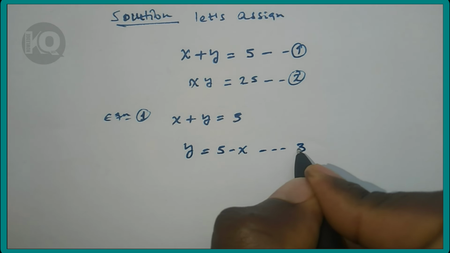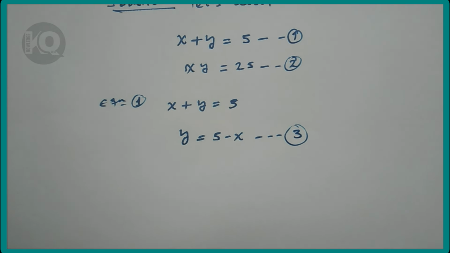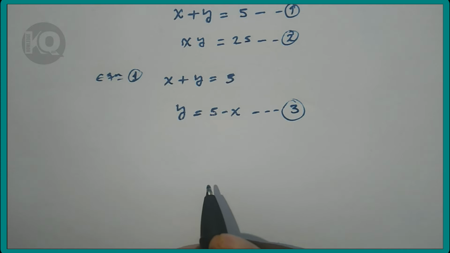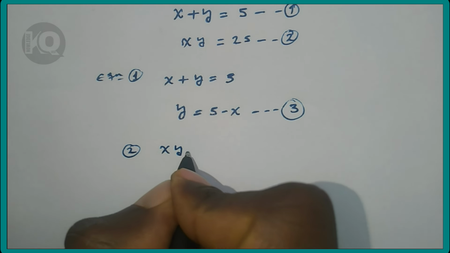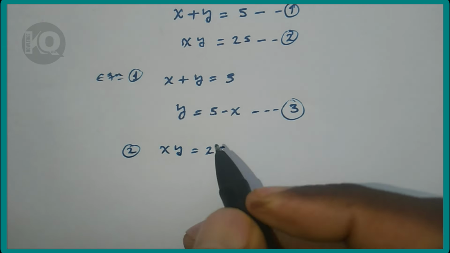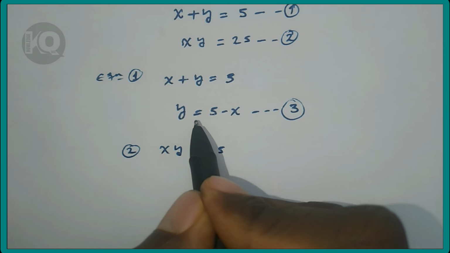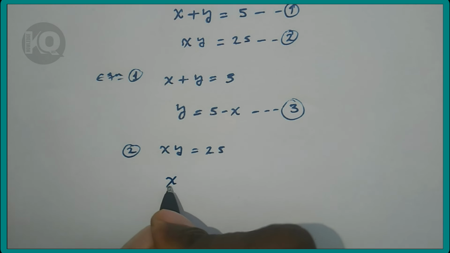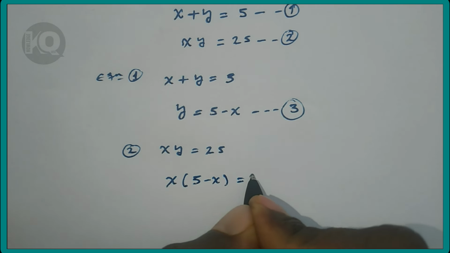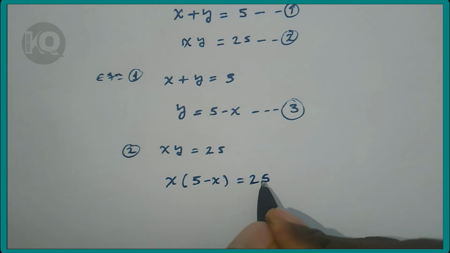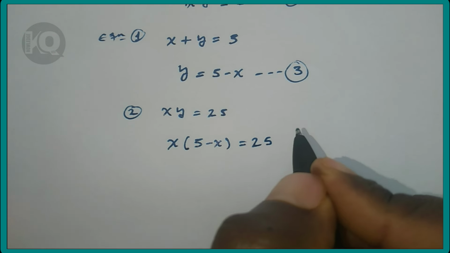Let's say this is equation 3, and then from equation 2 we have x times y equals 25. Now let's substitute the expression for y. So x times (5 minus x) equals 25.